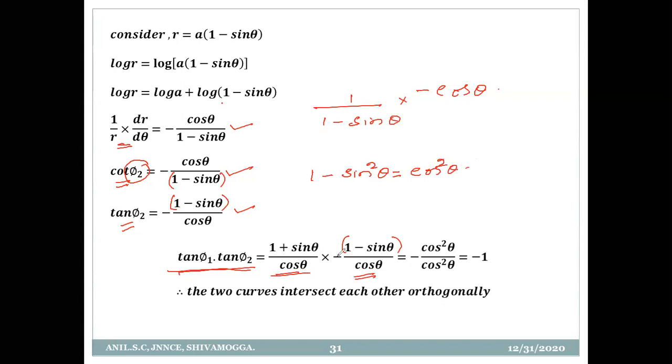You keep this negative sign as it is. 1 minus sine square theta is cos square theta, and cos theta into cos theta is cos square theta. So what's remaining now? Minus 1. The product of the two slopes m1 into m2 is equal to minus 1, where tan phi 1 is m1 and tan phi 2 is m2. Therefore, the two given curves intersect each other orthogonally.